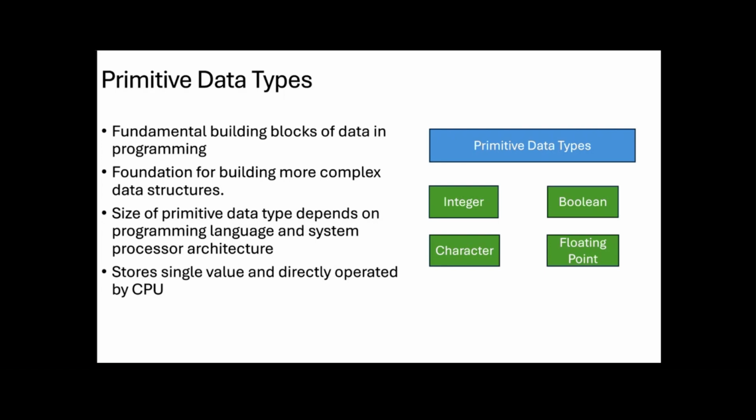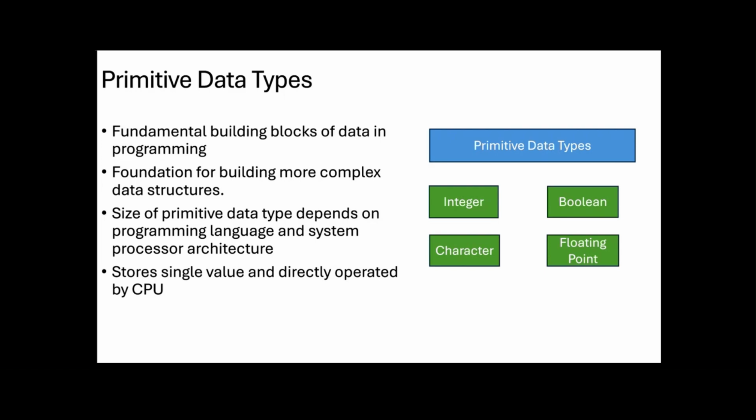Internally, the Python interpreter, or some other interpreter depending on the language, will convert that to the format which the machine understands. So the size can change, but again, these base data types help us understand the type of data we are storing.